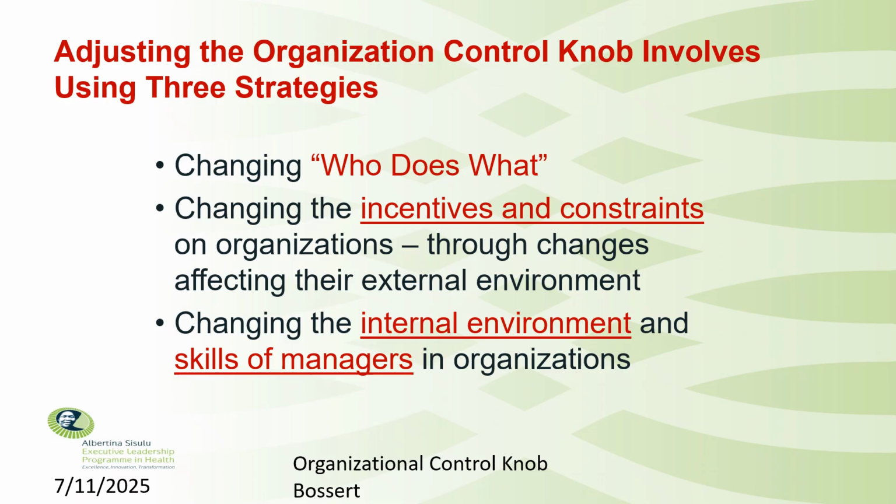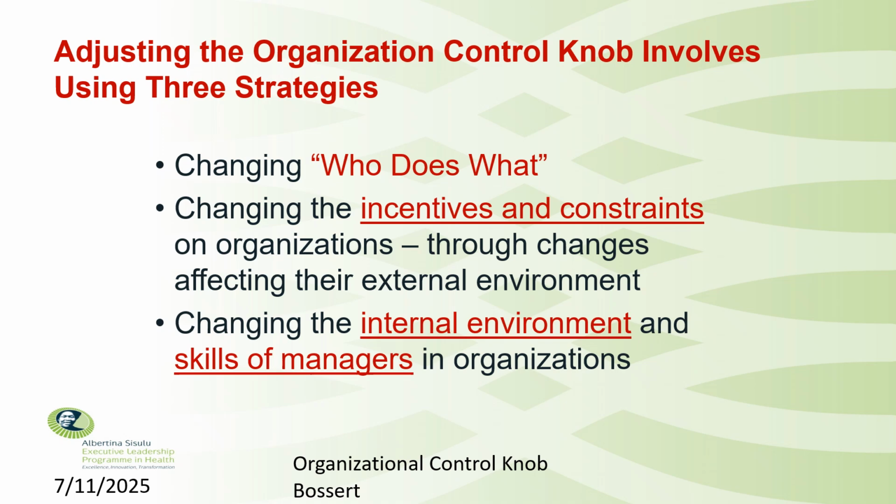So if we're going to adjust the organizational control knob, if we're going to tweak it to improve the performance of your health system, we're going to be looking at three strategies. The first thing is we need to change who does what. Secondly, we need to change the incentives and the constraints or barriers that are hindering organizations or that can enable organizations to actually effect change.